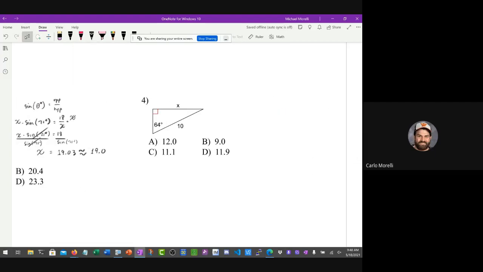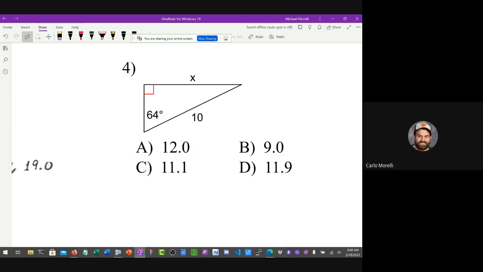Number 4, we draw our eyeball over by that 64. From the perspective of the eyeball, the x is the opposite side. And from the perspective of the right angle, the 10 is the hypotenuse.